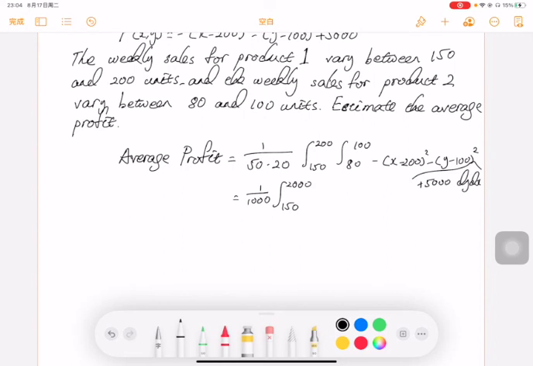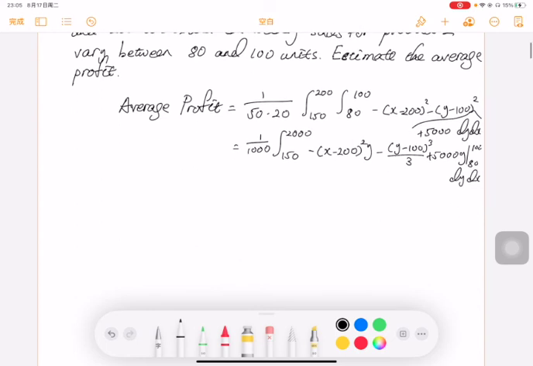Since the first term doesn't depend on y, we get minus (x minus 200) squared times y, and then minus (y minus 100) cubed divided by 3 plus 5,000 y, evaluated from 80 to 100, and then dx.